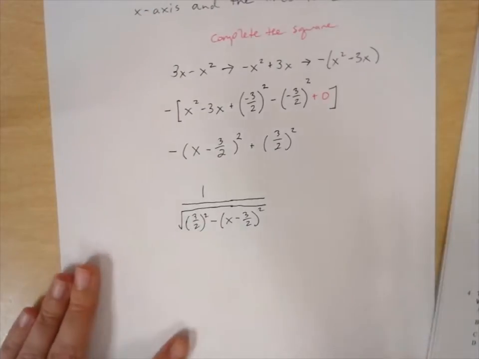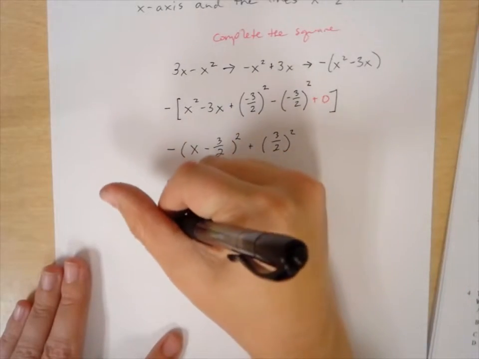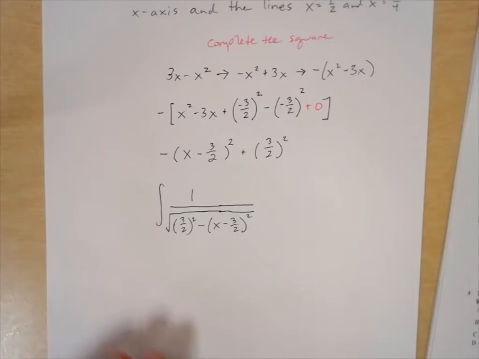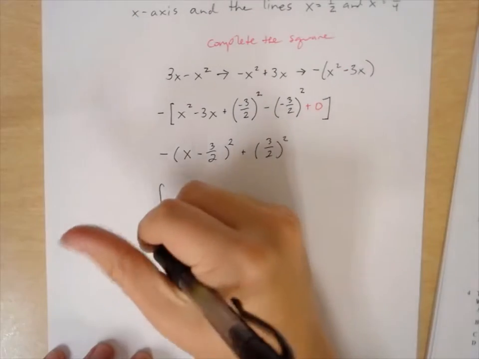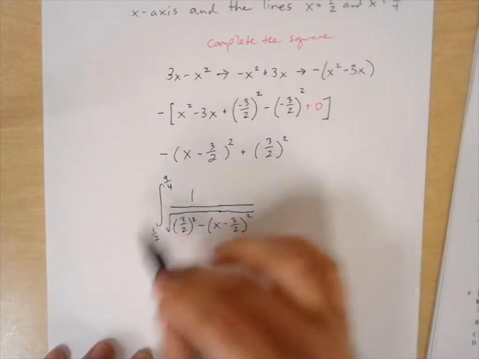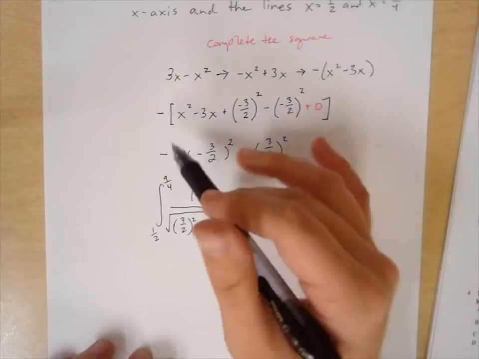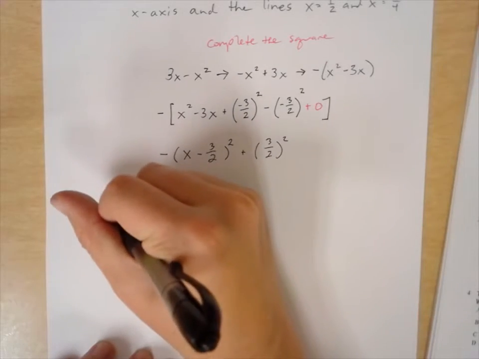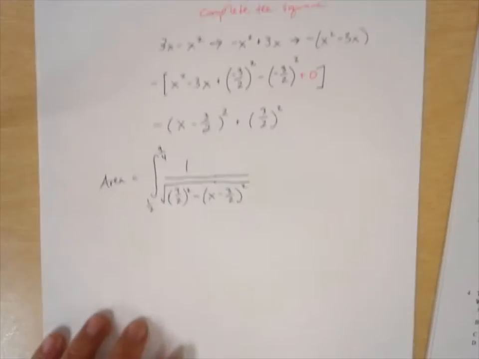But remember, we're finding the area, so we're actually taking the integral, and our bounds are from 1/2 to 9/4, because those are the lines on the x-axis that we are bounded by. And we can just say area equals this.